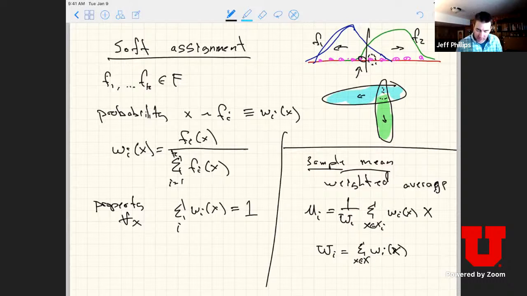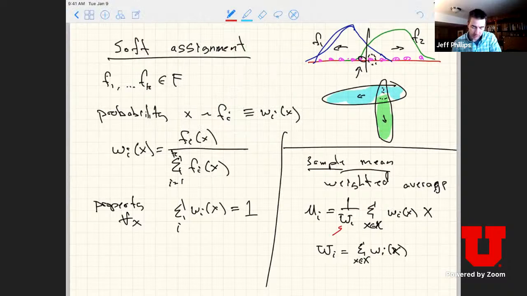I don't actually need the x sub i here, because all points might have a weight. If a point has 0 likelihood or probability of being in one of the functions, then the weight will be 0, and so it won't do anything. So I'll sum over all the data points in each of these steps. But this will be the total weight, and that's what I've divided by here.